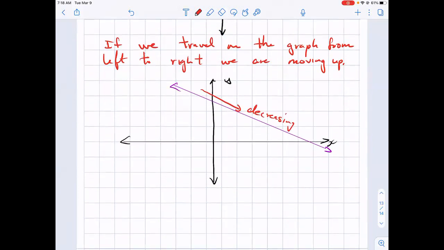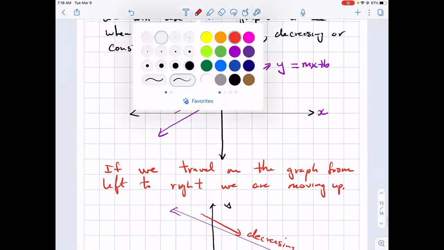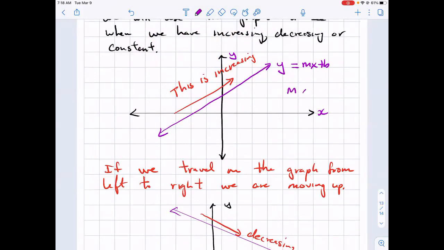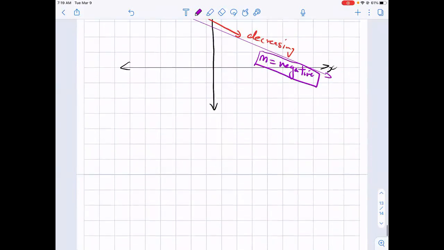So we'll be decreasing. You will notice that anytime the slope m is positive, we will have increasing. Here m is negative. Anytime m is negative, we will have decreasing. Okay.